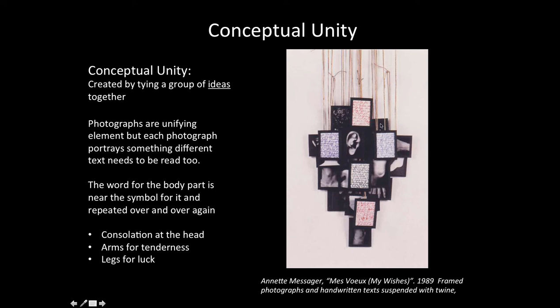So again, even though to me, the way these shapes are laid out, the way the background, how she has these photos sort of behind these text pieces, to me, those would also fall into some sort of visual unity. But what is much more important in this one is the conceptual unity.